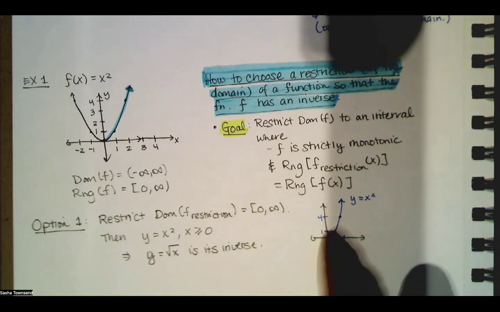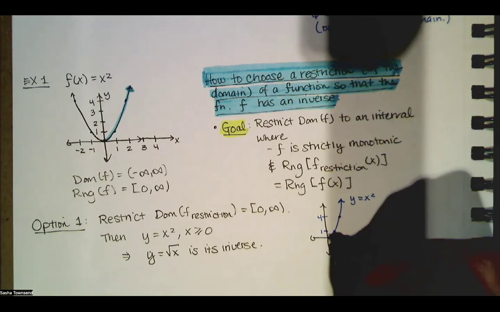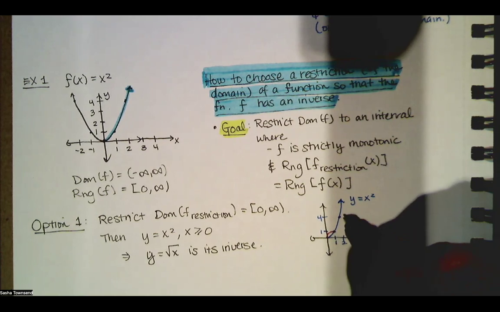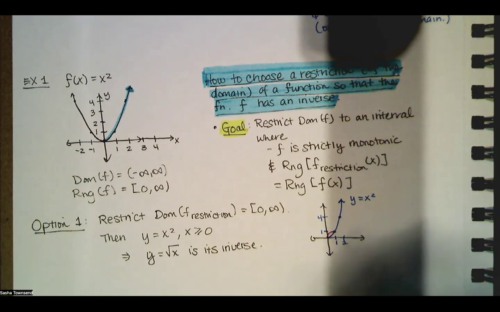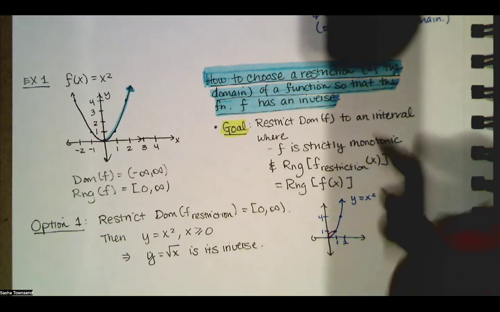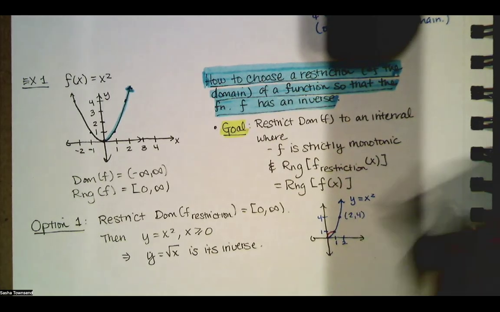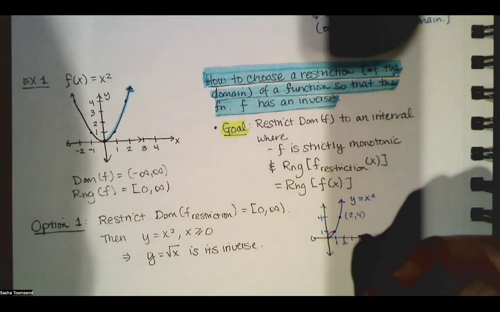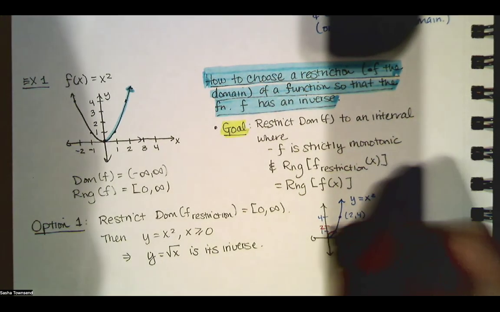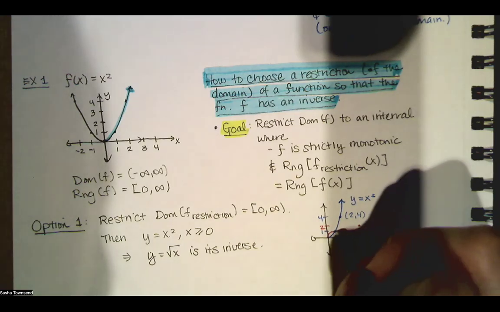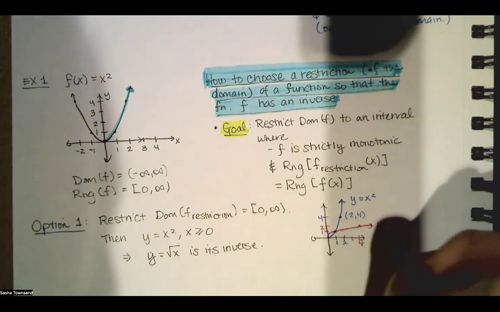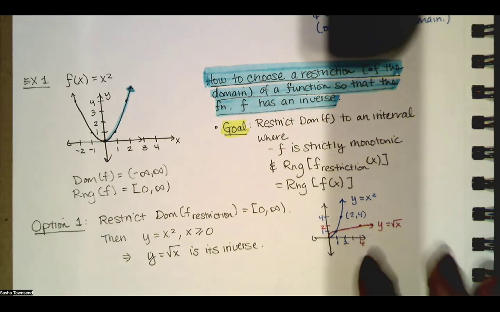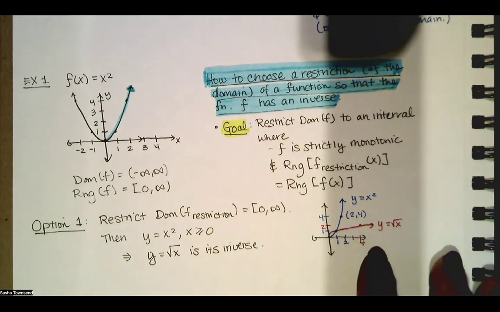Now, when we switch the roles of x and y on this graph, well, 0, 0 is on both graphs. 1, 1 is on both graphs. And then since x equals 2, y equals 4 is on the graph of the original function, x equals 4, y equals 2 is on our graph. And so we have that as f inverse.